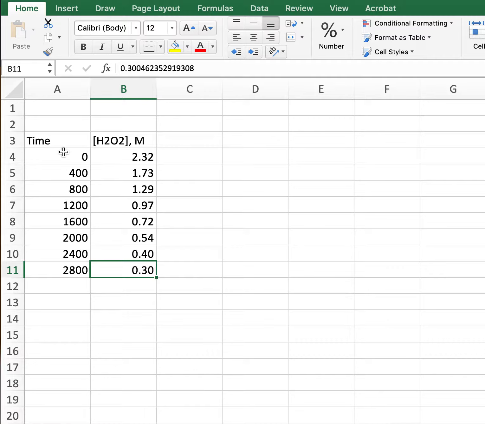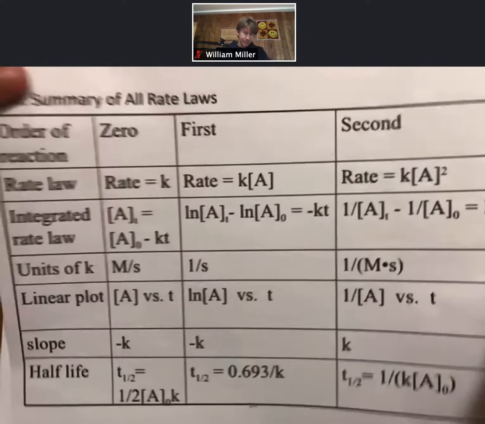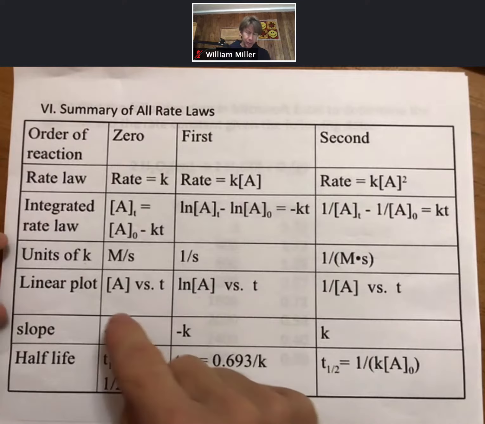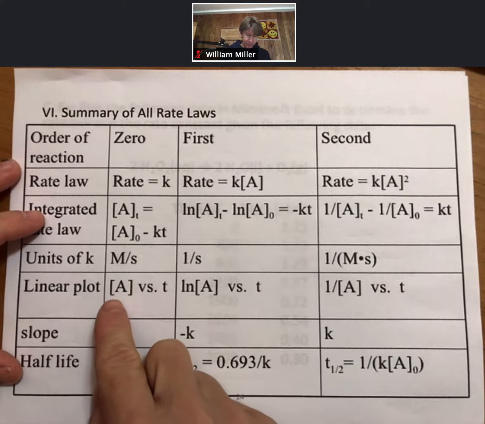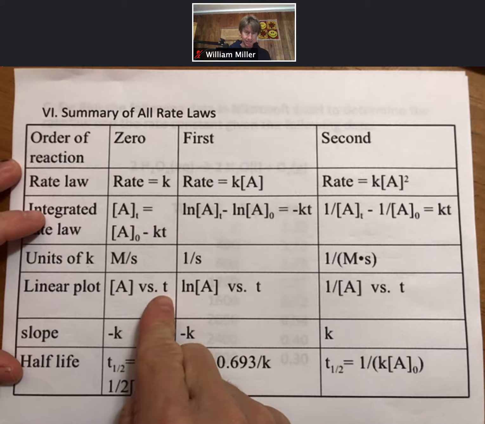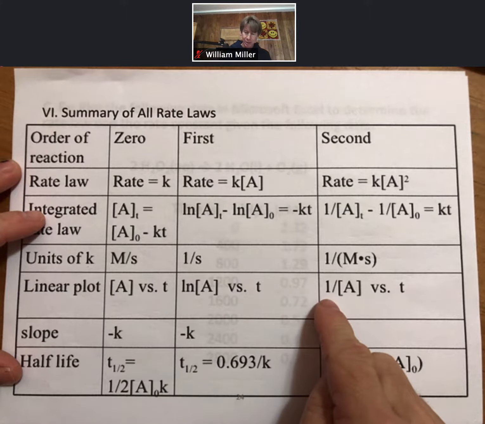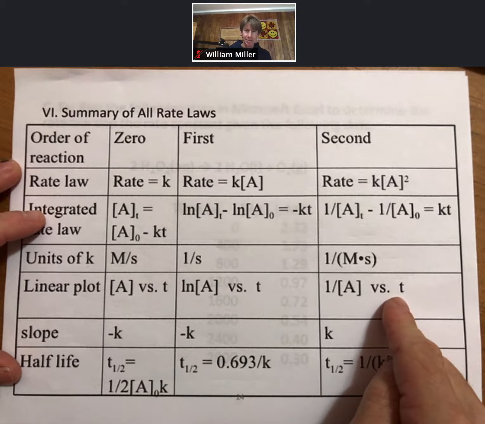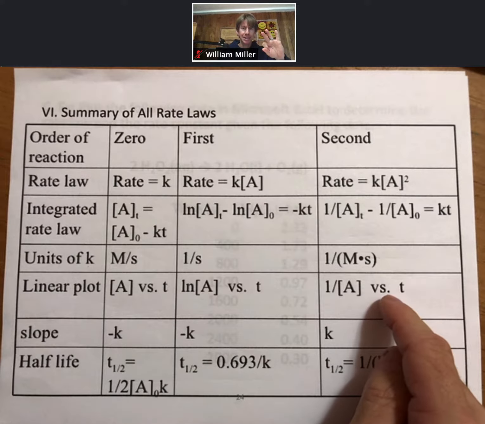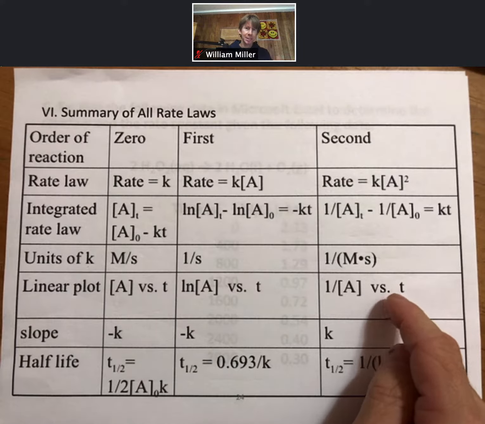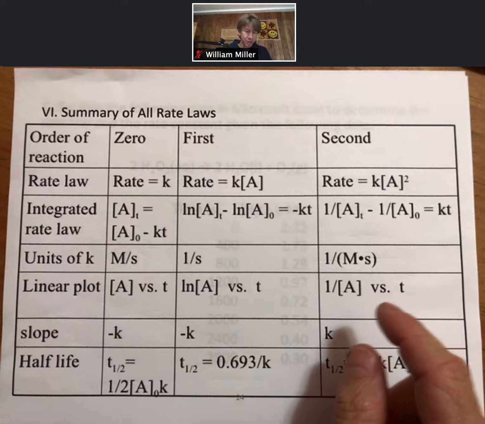And once you get that data into Microsoft Excel, you're going to want to do 3 plots. You're going to want to do concentration versus time, natural logarithm of concentration versus time, and 1 over concentration versus time. You're going to do all 3 of those plots, and you're going to see which one is the most linear.